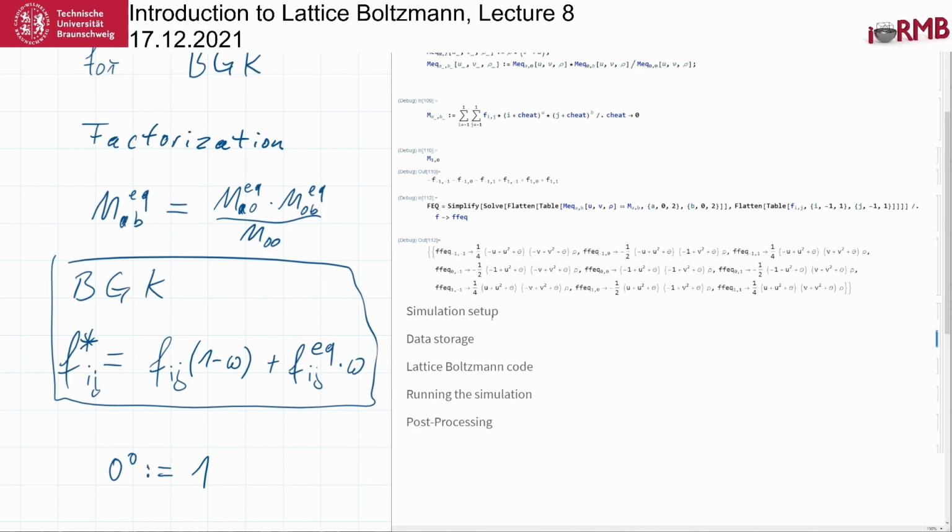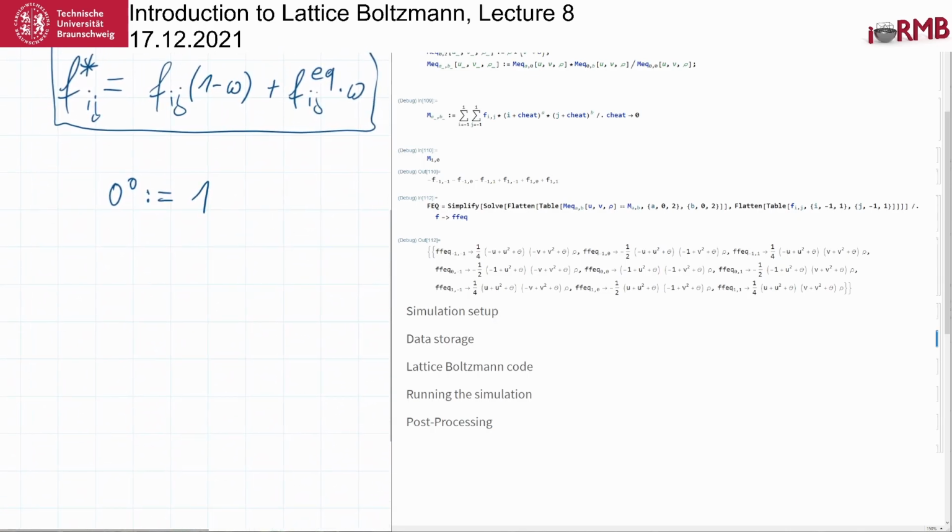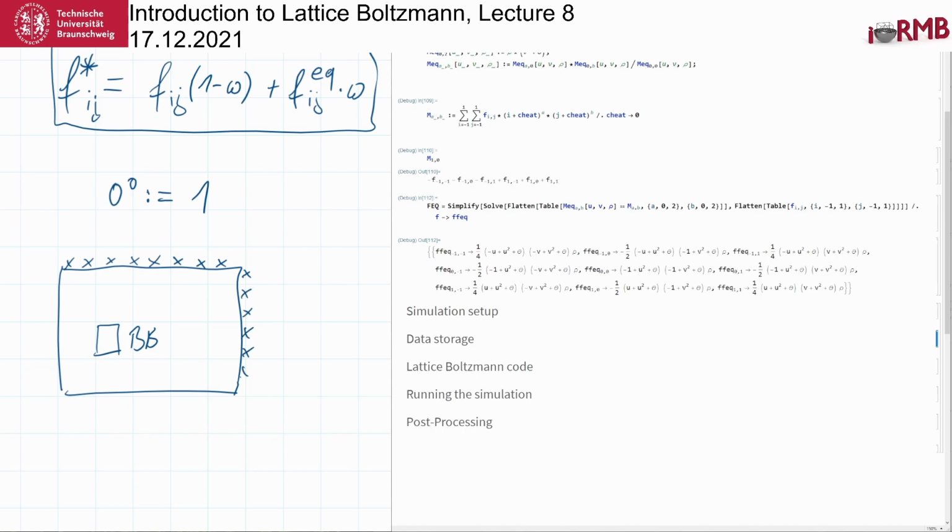Now we have to specify a simulation setup, and of course we are a bit concerned with your assignment. What we are going to do is specify a small body here, where we say here we get bounce back, and everywhere else, which is probably not the very best solution to this, but because we have only so much time, we will do it as simple as possible.